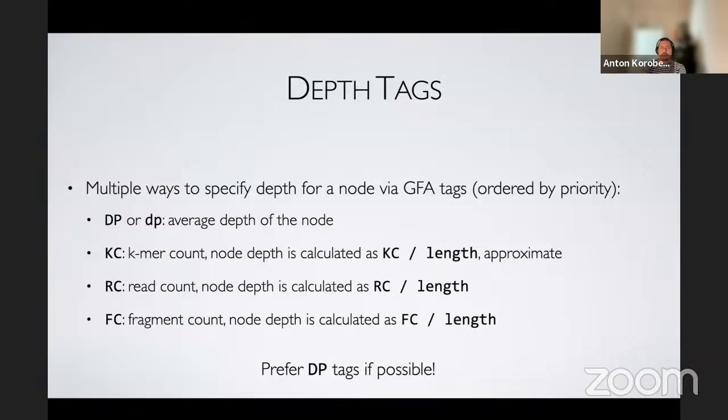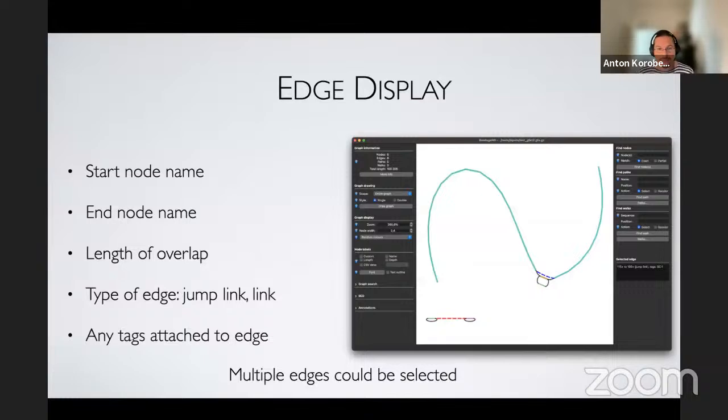Then we just recalculate the node depth as the number of k-mers divided by the length, but it's approximate because we don't know the length of the k-mer, sadly here, so it could be slightly off. Or like read count or fragment count, we just, again, normalize them. So if you want to use the coverage depth, ensure that your assembly graphs have these DP tags, or you have to do something to infer the coverage.